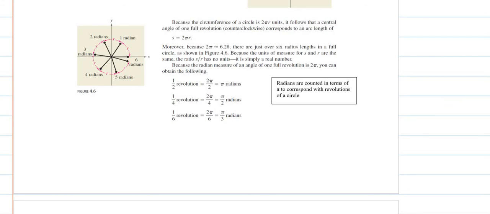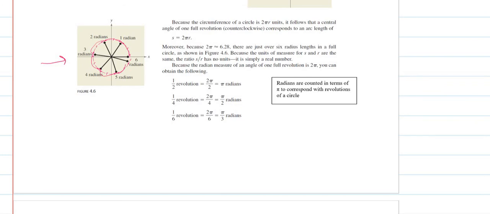We know that 2 pi is approximately 6.28. So there's just over 6 radii lengths in a full circle, as shown in this diagram here. You can see that they went 1, 2, 3, 4, 5, 6, and then there's just a smidgen more.